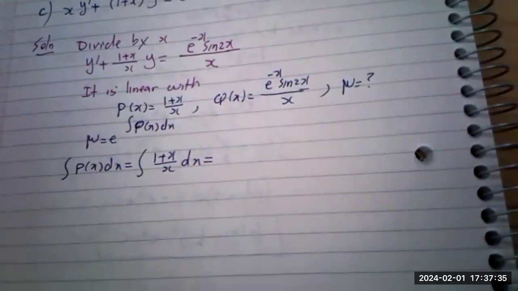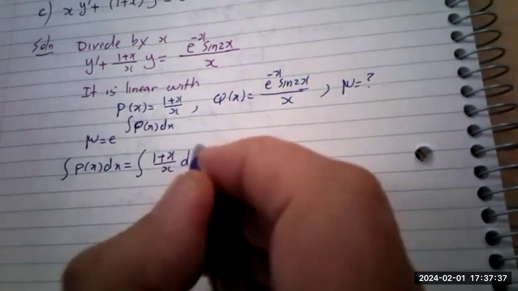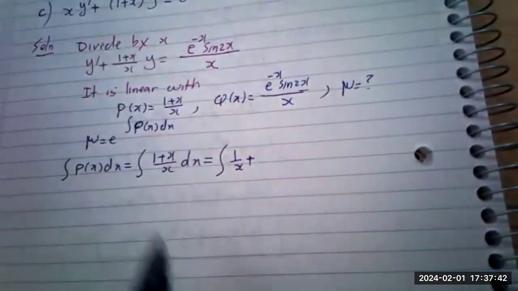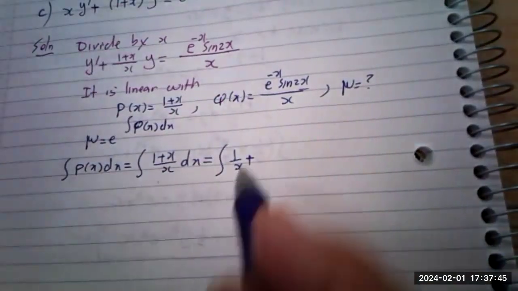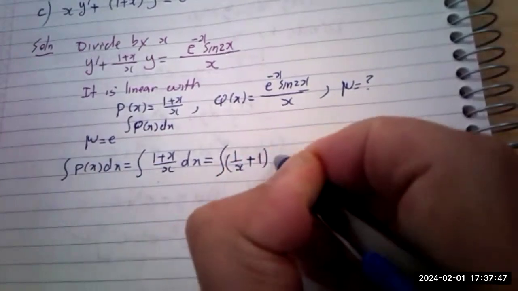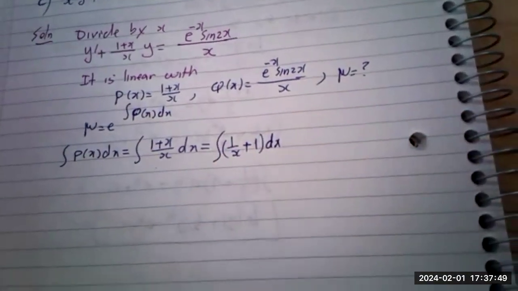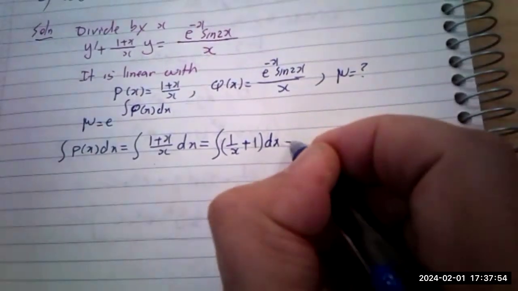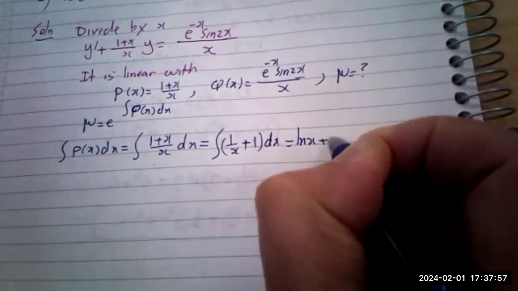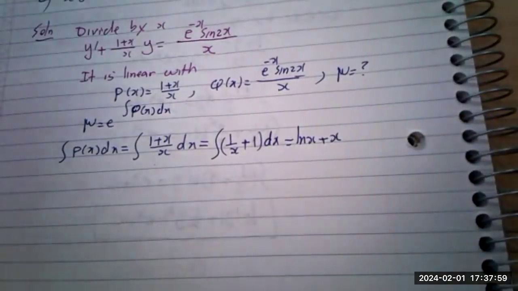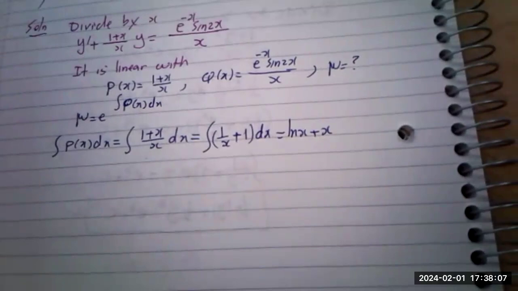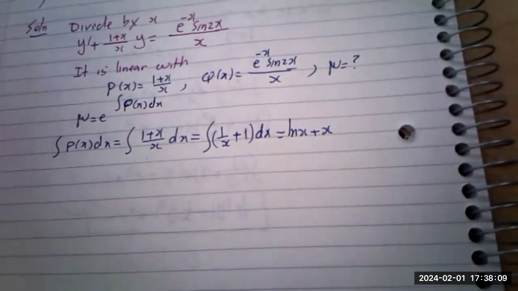Again, you have to break this one: divide, and it's going to be 1 over x plus, as we did for the other problem, x over x would be 1, dx. Carefully integrate: the integral of the first one is ln x, the second one is x. No constant because it's an integrating factor. You can assume that x is positive, no worry about the absolute value.